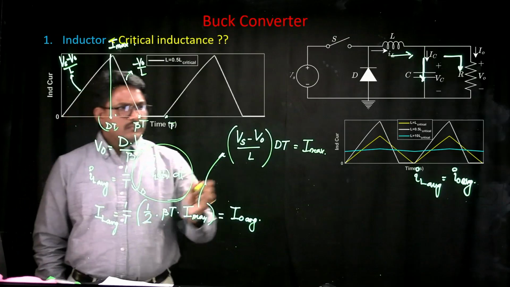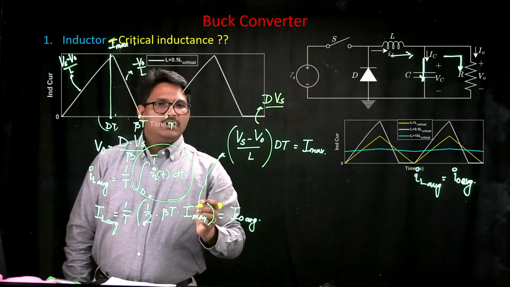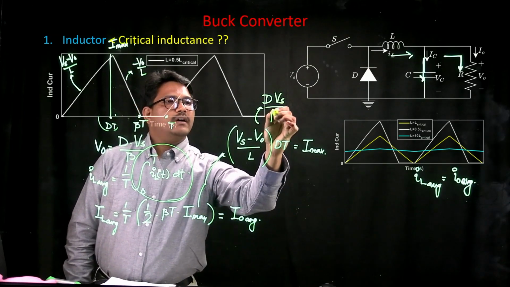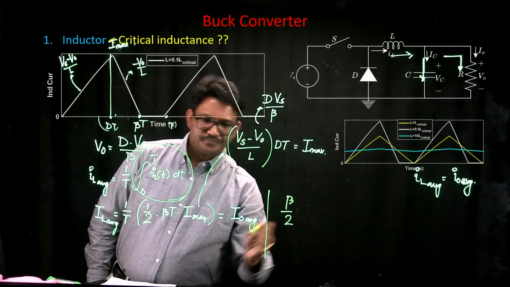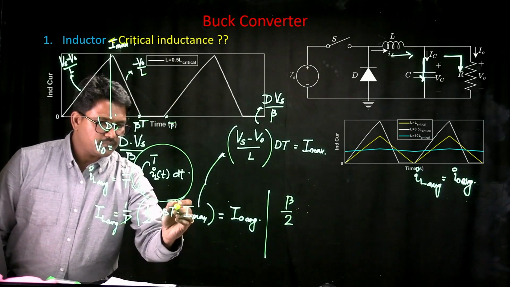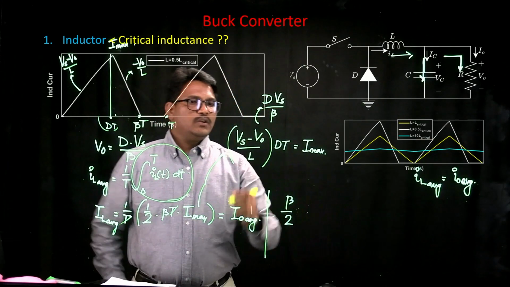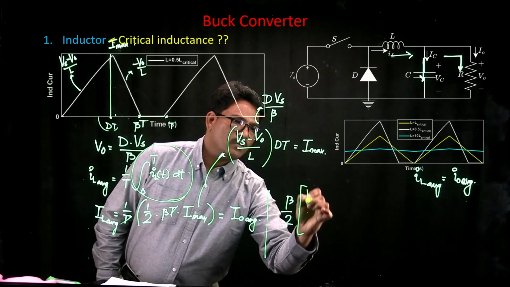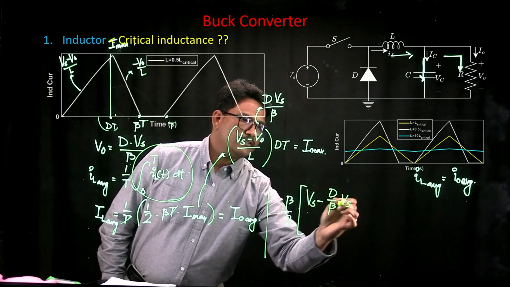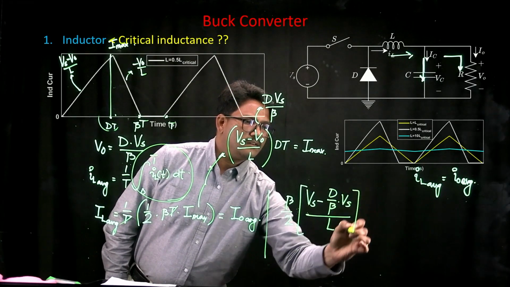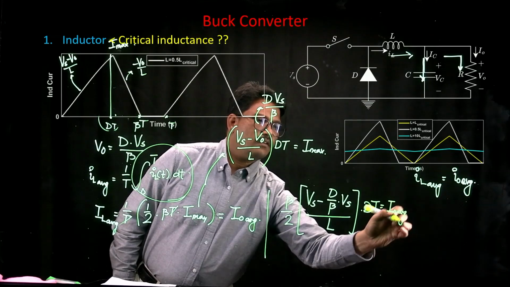Now you can write down that the value of V naught is D times Vs upon beta. So if you substitute all of it, it is beta by 2, because this T and this T will get cancelled. Then it will be beta by 2 times I max, whereas I max is Vs minus D by beta times Vs upon the value of inductance multiplied by dT, and that is I naught average.